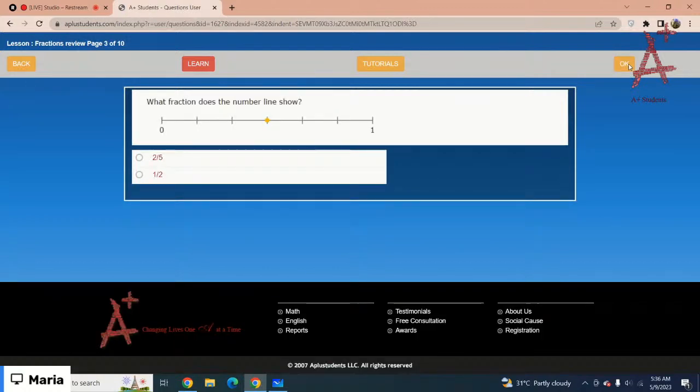What fraction does the number line show, which is the correct option?